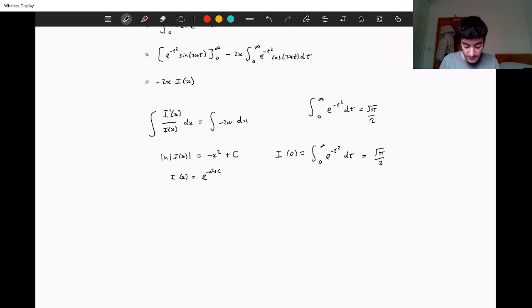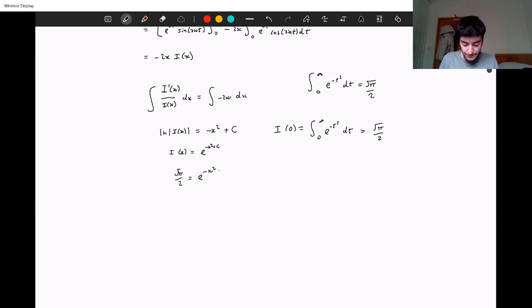So now we're going to plug 0 in. So root pi over 2 equals e to the power minus x squared plus c, and then obviously, sorry, yeah. Some of this has so many symbols, it's a bit hard to type. And obviously x is 0, so now this is just going to be e to the c.